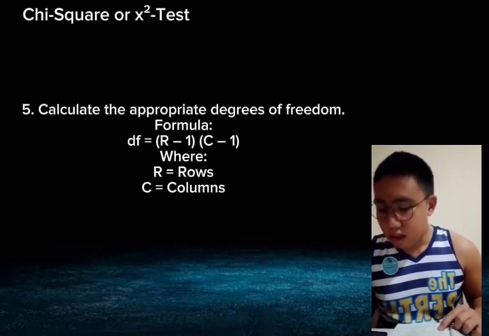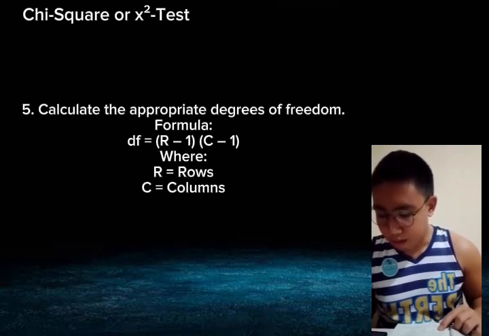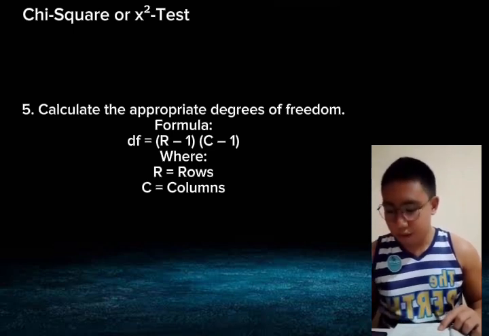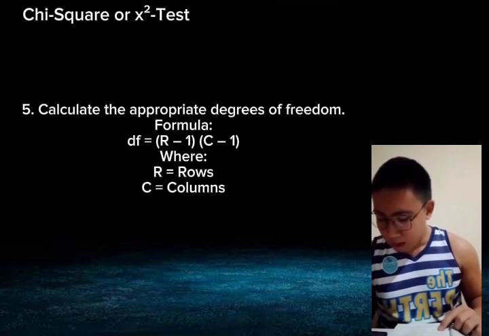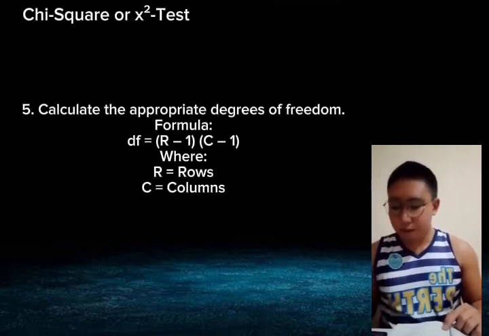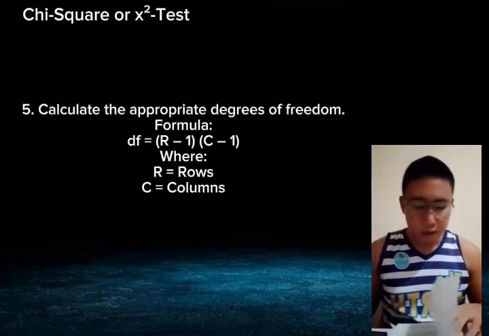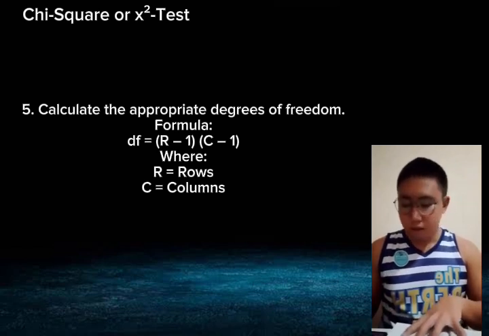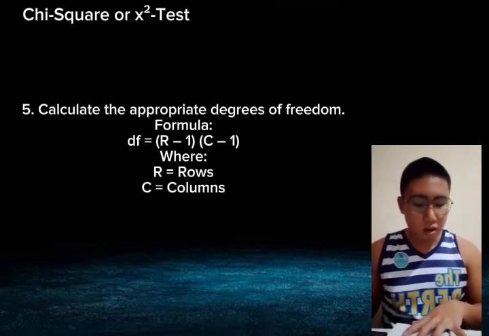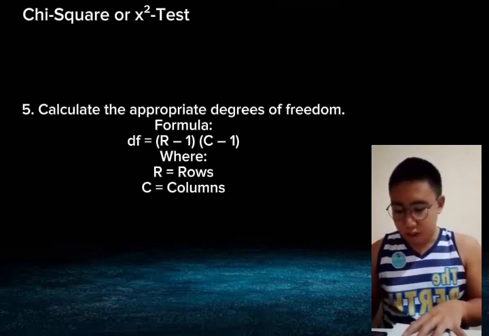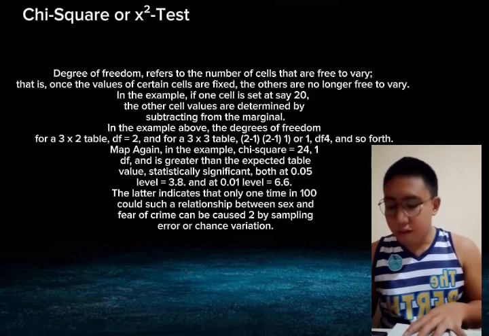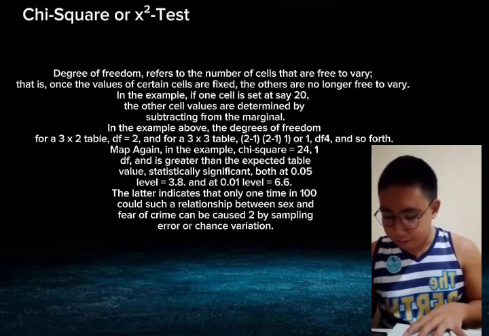Now we can calculate the appropriate degrees of freedom. The formula here is that df, or the degrees of freedom, is equal to r, which is the rows, minus 1, times c, the columns, minus 1. The degree of freedom refers to the number of cells that are free to vary.